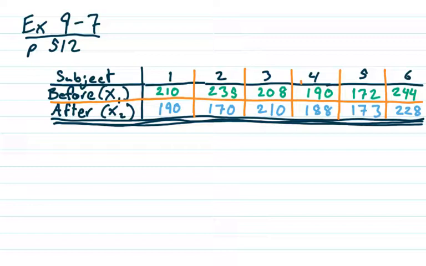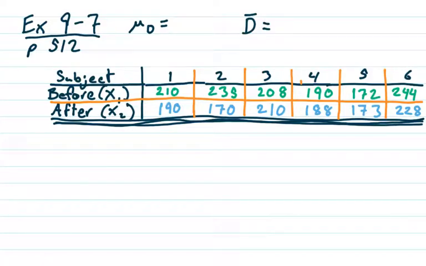Now, normally what I would do is take all of the information from the problem, and so I would record mu subscript d here. What else would we need to be given, or what else do we need to know? We need to know d bar and so on and so forth.